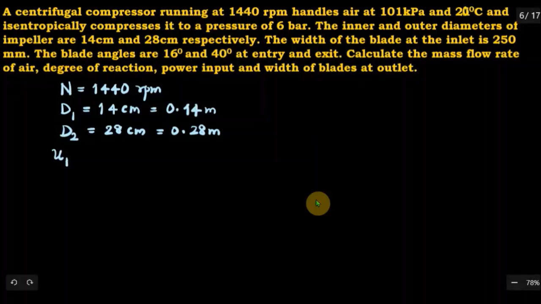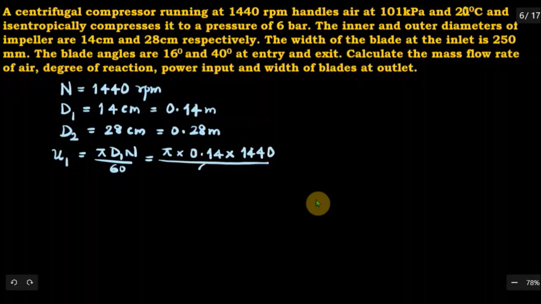So U1 is equal to pi D1 N by 60. So you can find out, that is pi into diameter at inlet, 0.14, and RPM 1440 divided by 60.